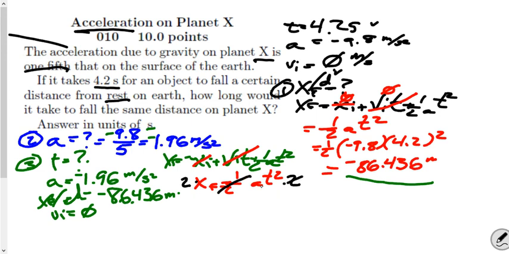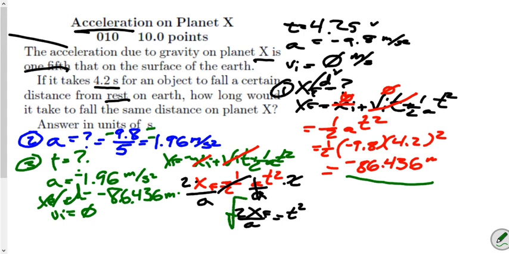Now I'm going to divide both sides by a. I have to work outside in, so t has to be the very last thing I touch. The a is gone, so now I have 2xf divided by a is equal to my t squared.